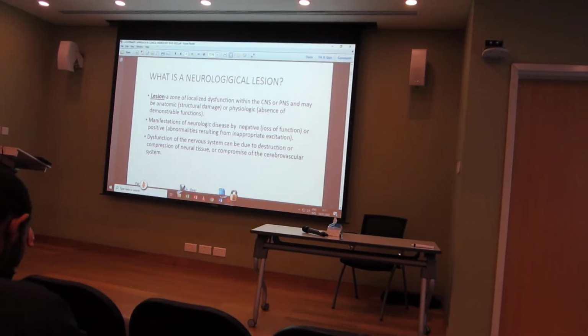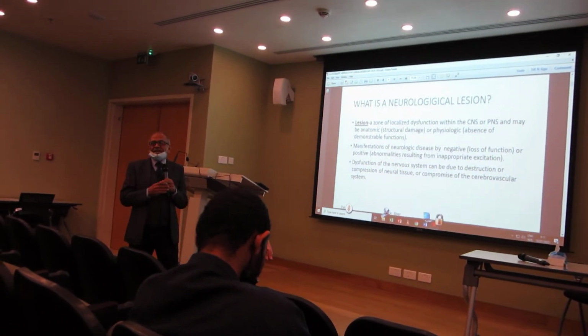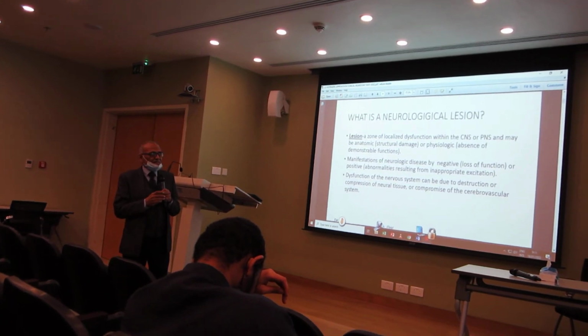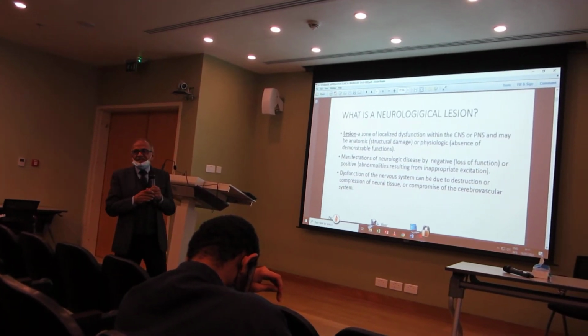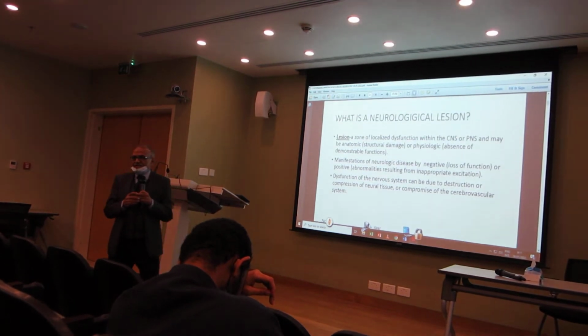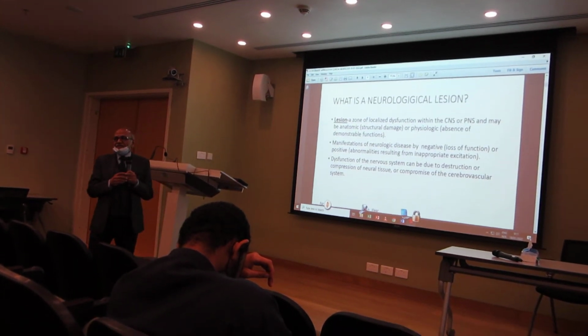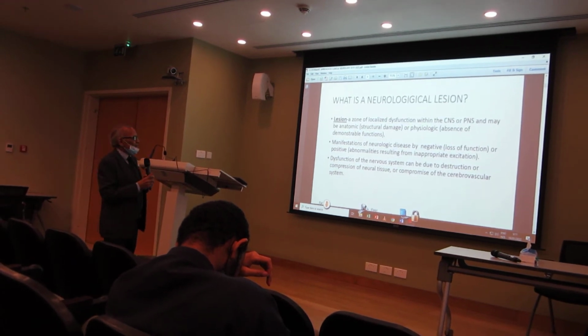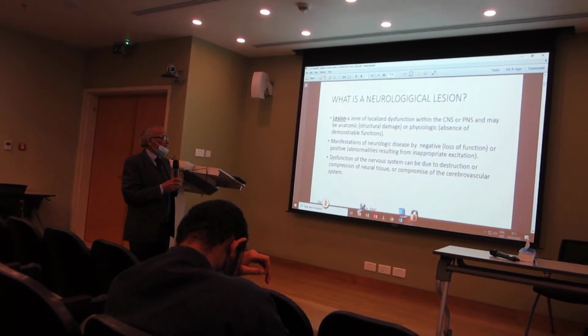When we see symptoms and signs, what the patient tells and what we check, we have either structural damage or functional damage. So damage is either anatomical damage or physiological damage.